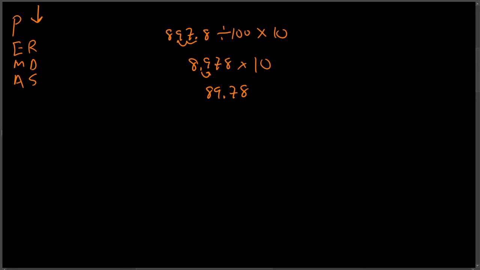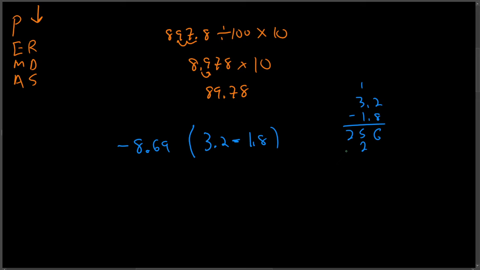Let's look at some more order of operations. If I have negative 8 and 69 hundredths times 3.2 minus 1.8, well, I've got to do parentheses first. So 3.2 minus 1.8.